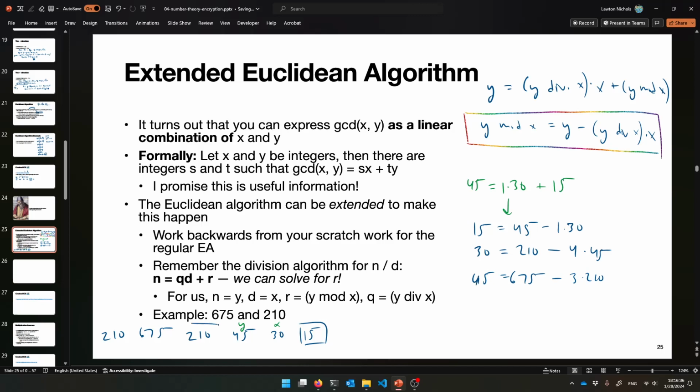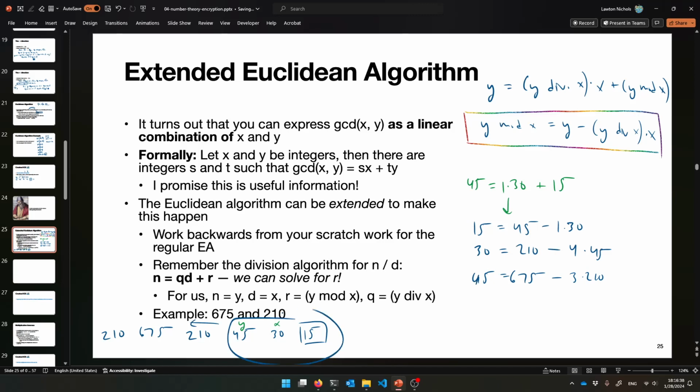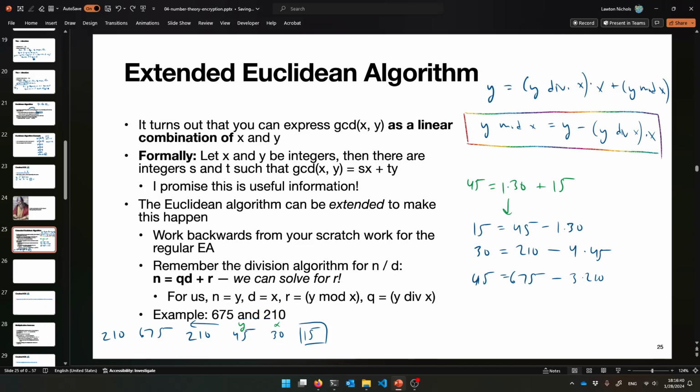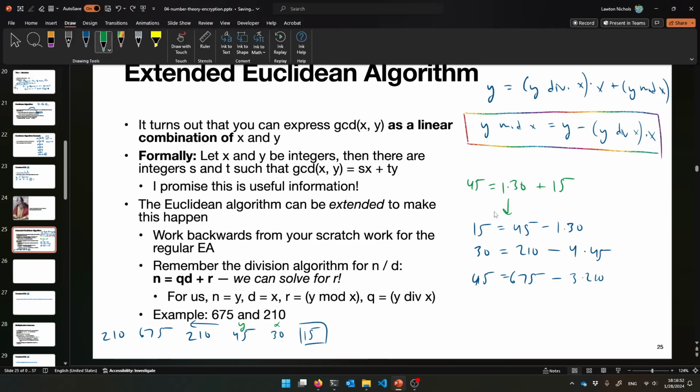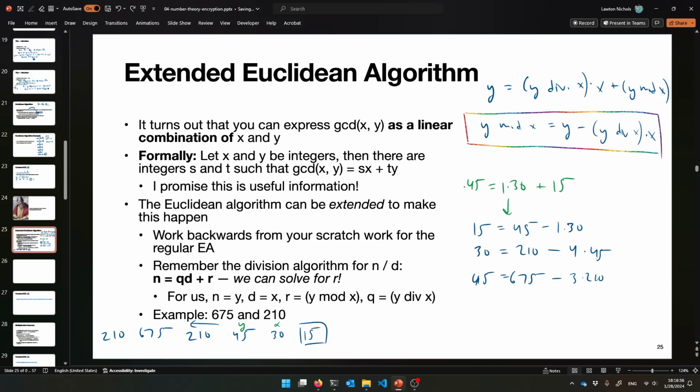And you just keep on following all these equations because you've got that mod that equals that mod that equals that. And all of these equations eventually will lead you to the GCD, 15. Okay? Watch this, because we can start plugging things in. I know something about 15. It's in terms of 45 and 30. It's a linear combination of 45 and 30.